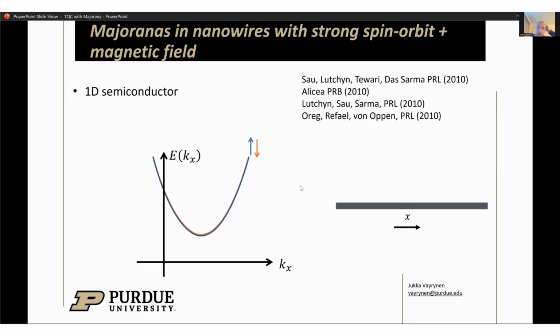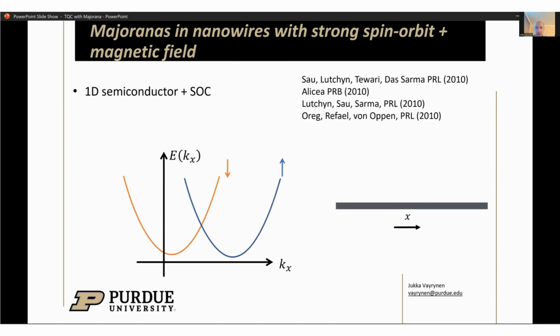So the 1D semiconductor model basically works this way. If you take just a one-dimensional band of fermions, of electrons with spin and with k²/2m parabolic dispersion, you get an energy band which looks something like this.